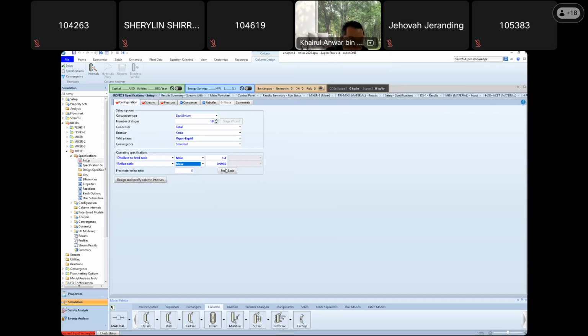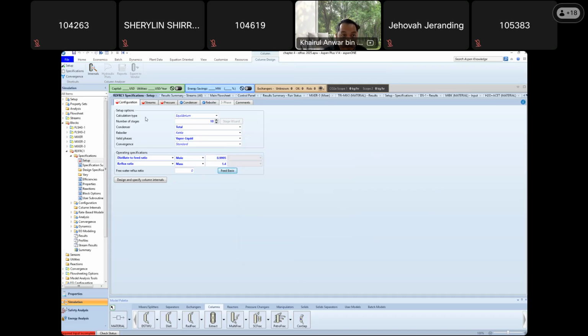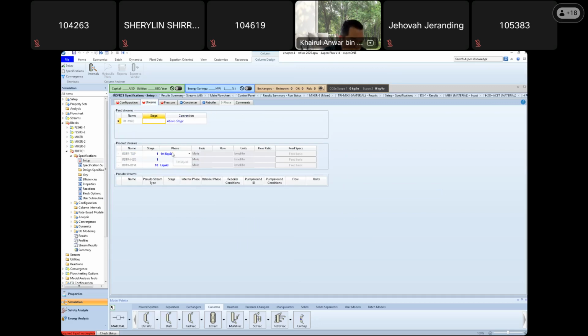Reflux ratio is 1.4. Distillate to feed ratio mole 0.9995. This is a mix of 3 components. Okay.